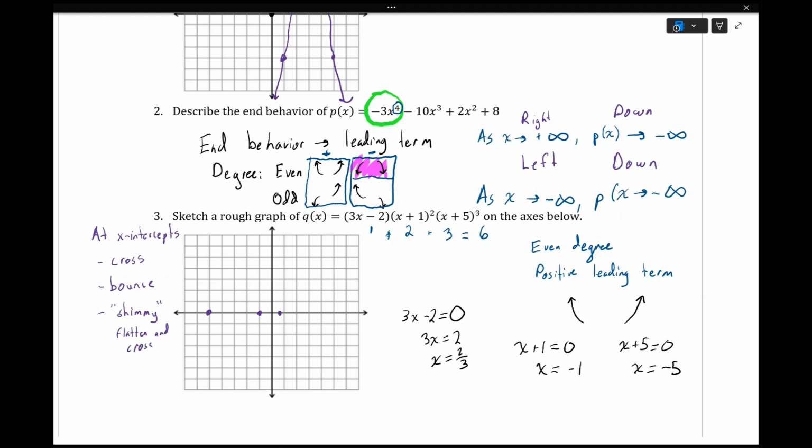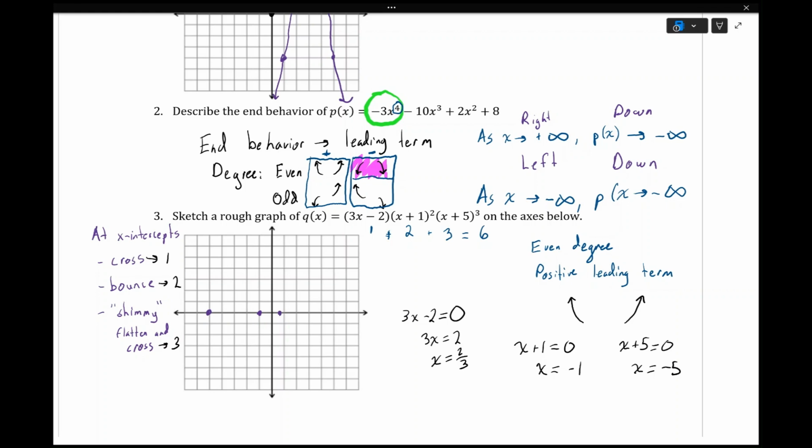Now, how do we tell? By the multiplicity of the zero, or the degree on the factor. So a cross comes from a first degree factor. A bounce is a second degree. And you guessed it, a shimmy is a third degree. Now this pattern continues where all even degrees are bounce and all odd degrees are crosses, with odd degrees higher than 1 having the flatten and cross shimmy. But in this case, I probably won't do above degree 3.